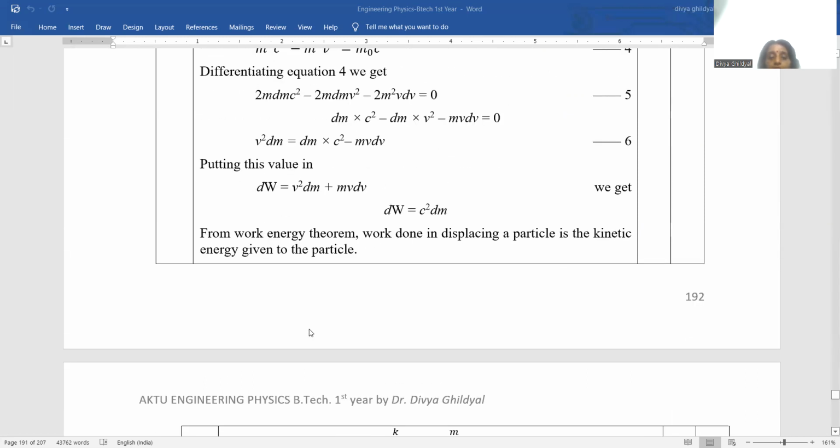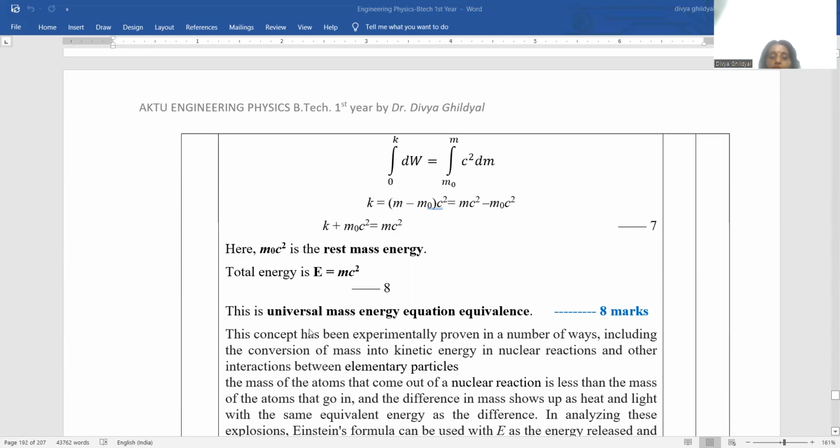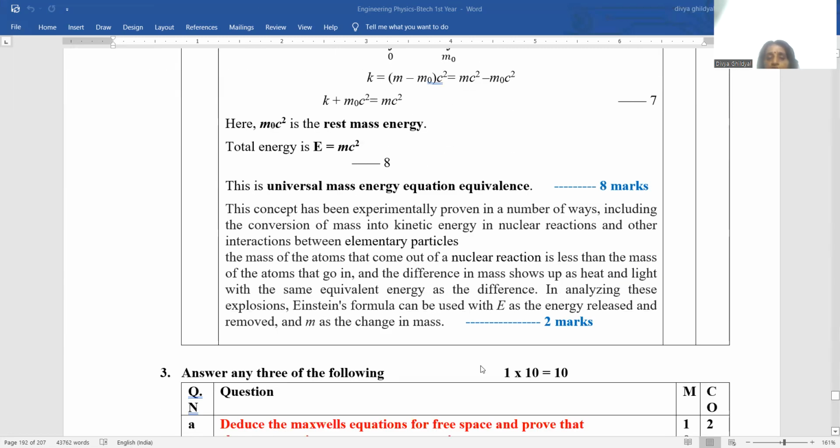I get my expression for energy as E equal to mc square. And experiments which have proven this are the very basic nuclear reactions where we use the formula of del E equal to del m c square.